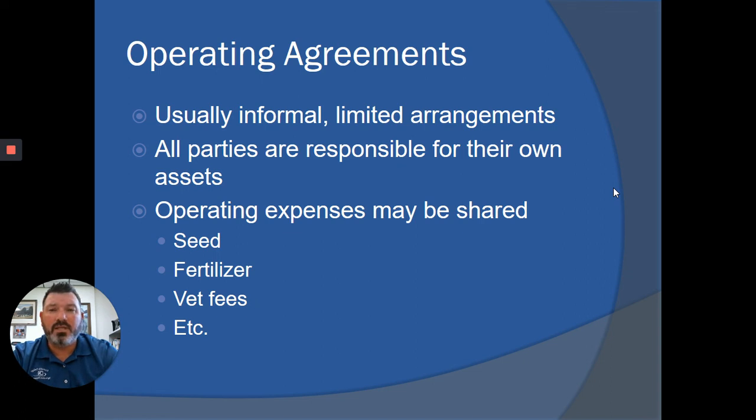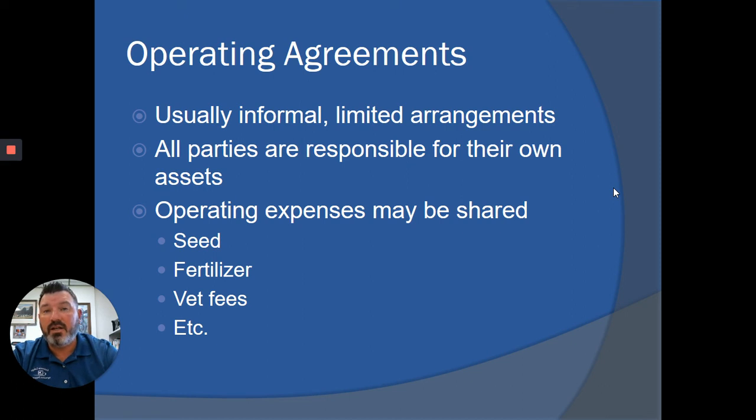An operating agreement is actually very informal. You might not have to have anything on paper with regard to an operating agreement because you're really keeping everything separate. Think of this, for example, as you and a neighboring producer choosing to go together and buy your own feed mixer, or both of you buy a feed mixer together.